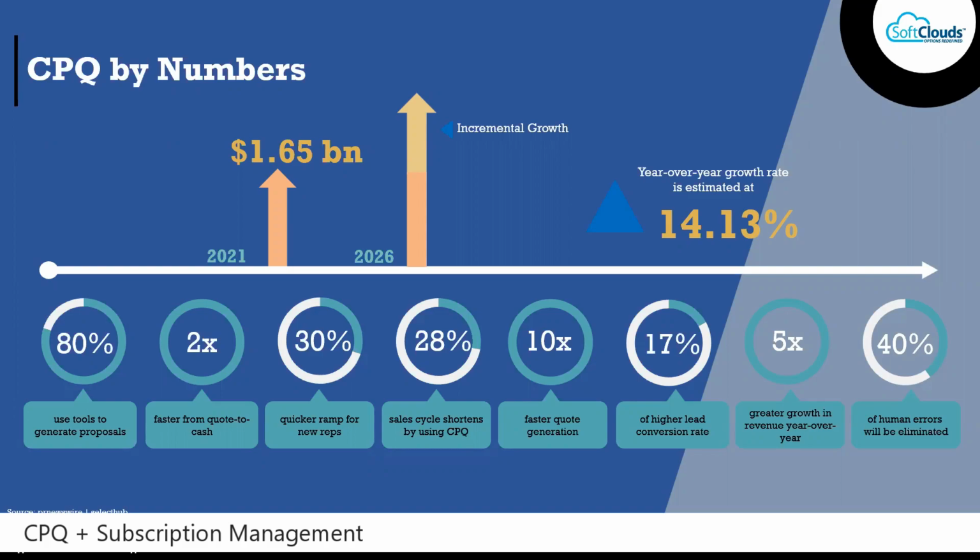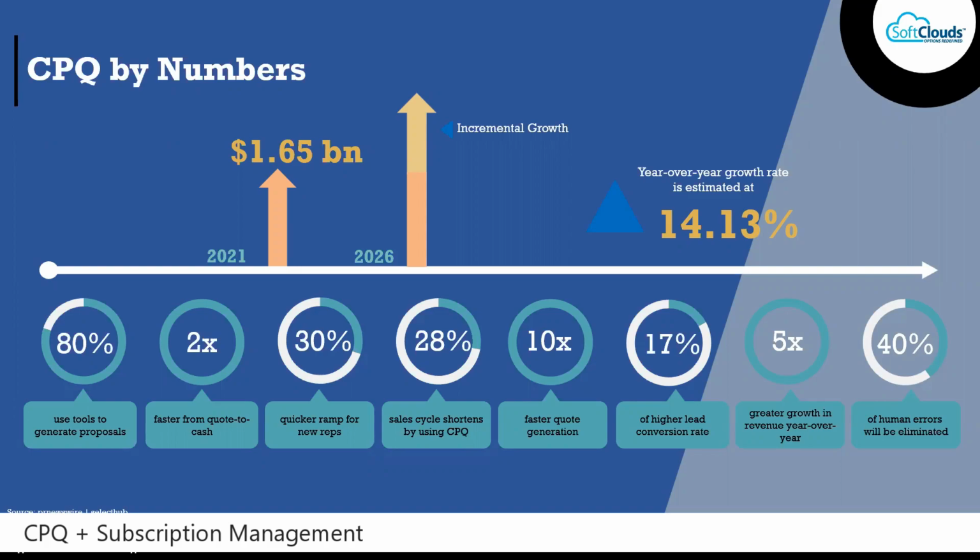And what they find is that using a tool can be 2x faster than traditional methods of creating quotes by hand or through other processes. It also significantly decreases the time that new reps need to come up to speed on the process of putting quotes out for customers and potential customers. And quotes can be generated sometimes 10 times faster than traditional methods.